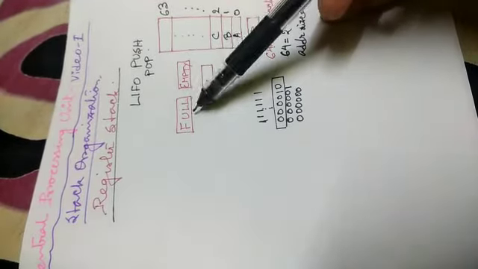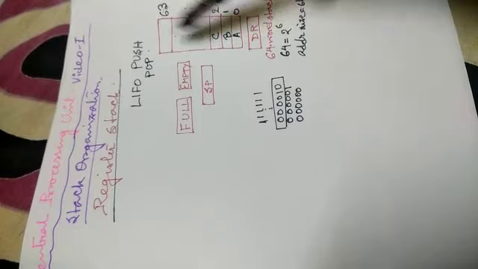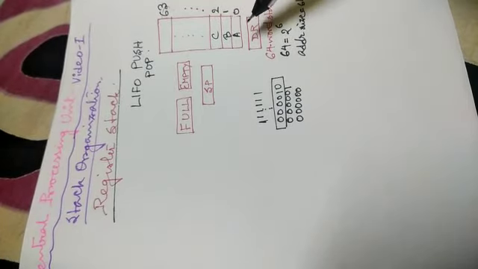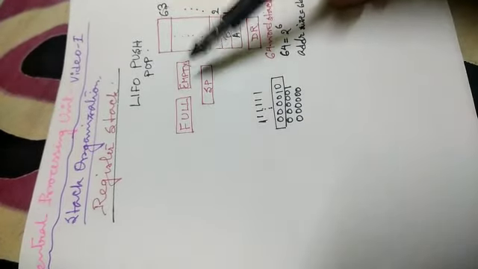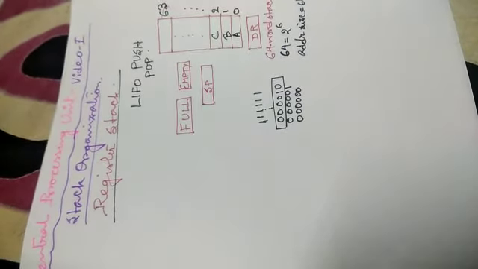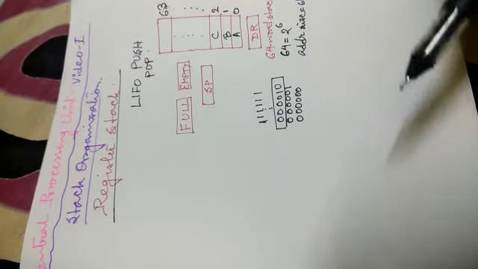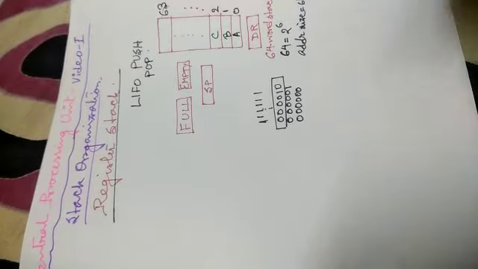When full is set to 1, that means the stack is filled up. And when the stack is empty, there is no data in the stack, then empty is set to 1. Clear up to this? Now we have to define push operation and pop operation using register transfer language. Okay.